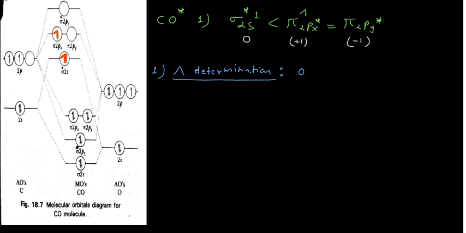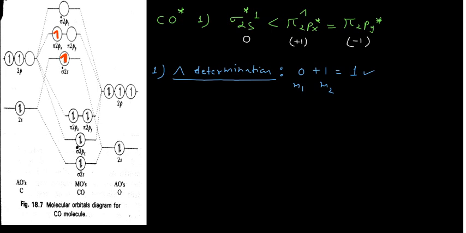This is your m1 value. Then plus, your next electron is present in the pi 2px antibonding, so it will have the value of +1. So you will write +1 here, say this is your m2. If you couple them, then you will have the net value of 1.